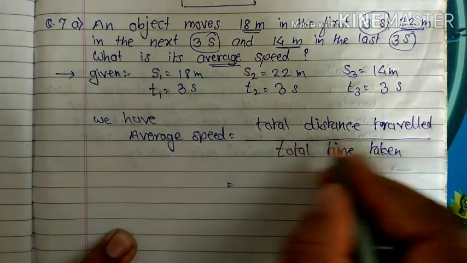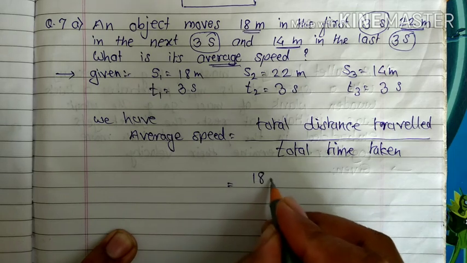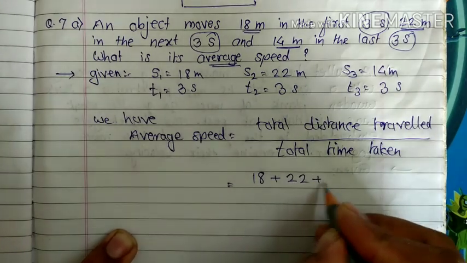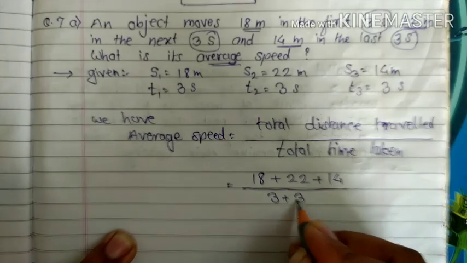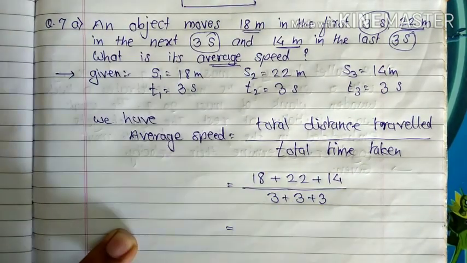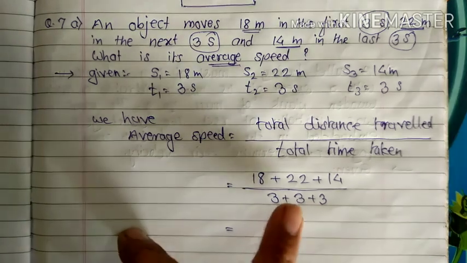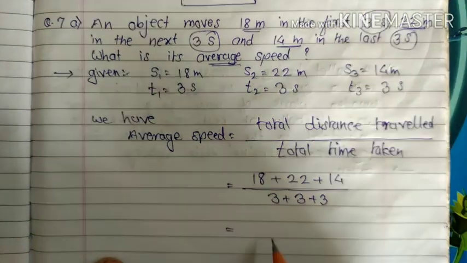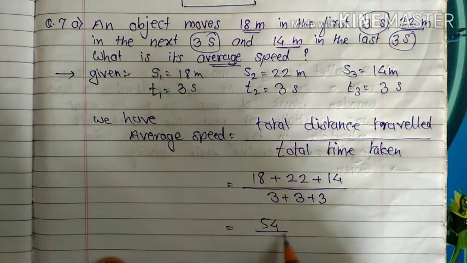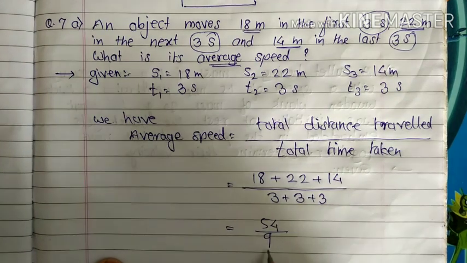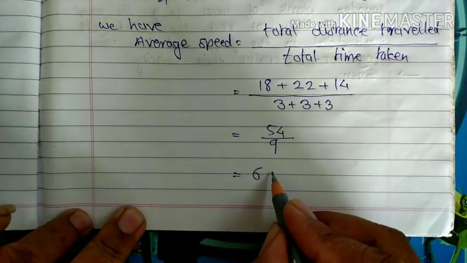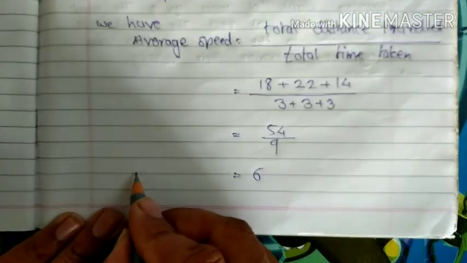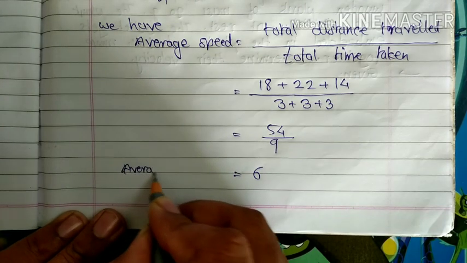So it is equal to total distance traveled, initially 18 meter, then 22 meter, then 14 meter, and time taken 3 plus 3 plus 3. So it is equal to 18 plus 22, 40. 40 plus 14, that is 54 upon 9. So it is equal to 9 6s are 54, 6. Average speed.